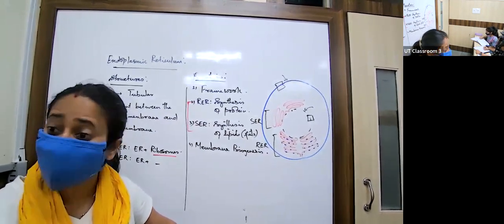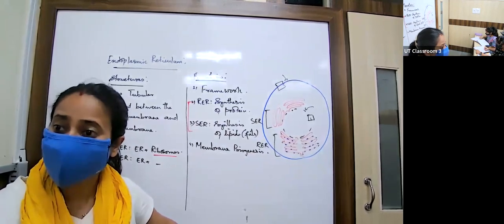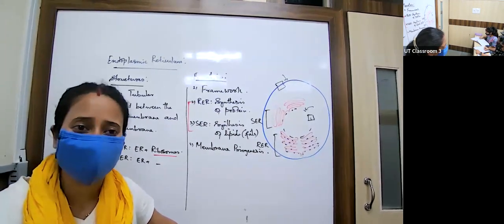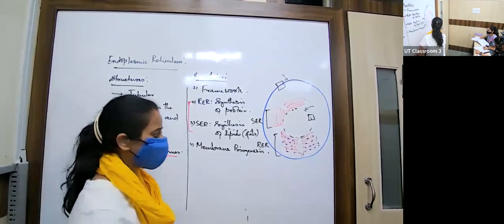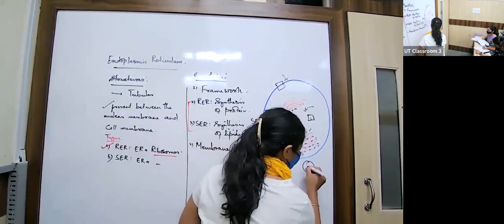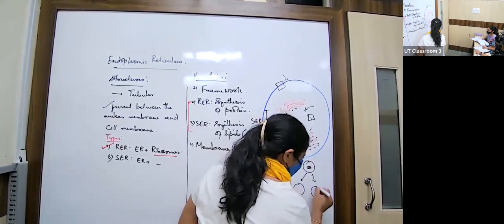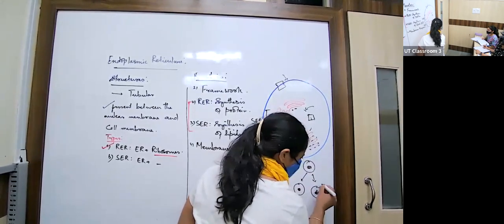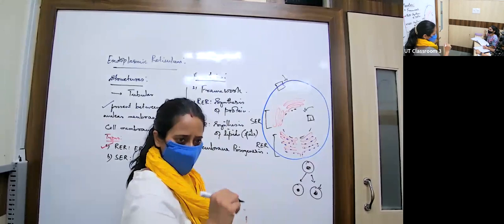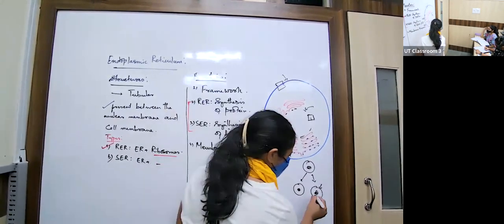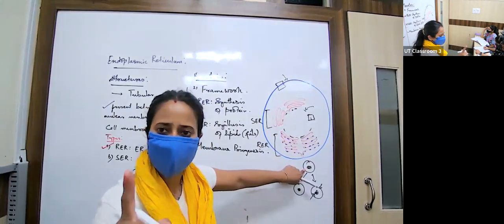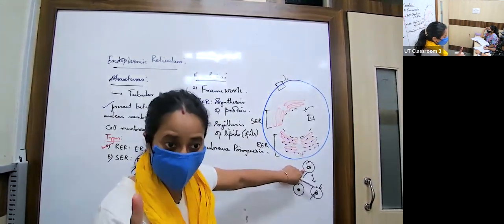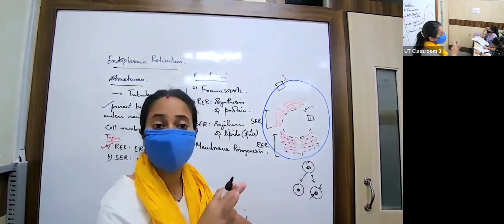When the cell is getting formed, a new cell that is formed by the process of division, right? When a new cell is formed by the process of cell division, this new cell should have a new cell membrane formed, new nuclear membrane formed. So if there is not an adequate amount of proteins and lipids inside this cell, then two new cells cannot be formed.